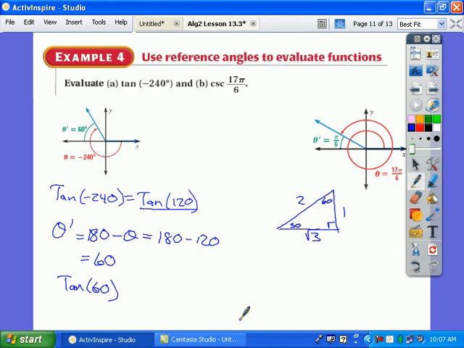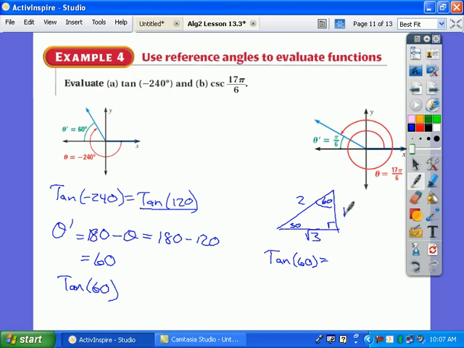So here's our 60-degree angle. Tangent of 60 is opposite over adjacent. Opposite over adjacent. So tangent of 60 is the square root of 3. Tangent of 60 is the square root of 3.